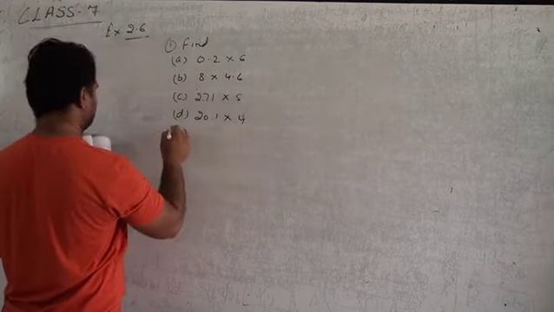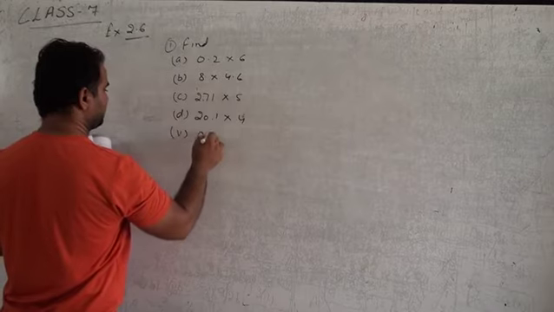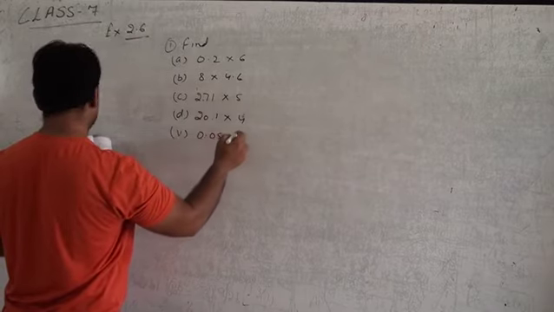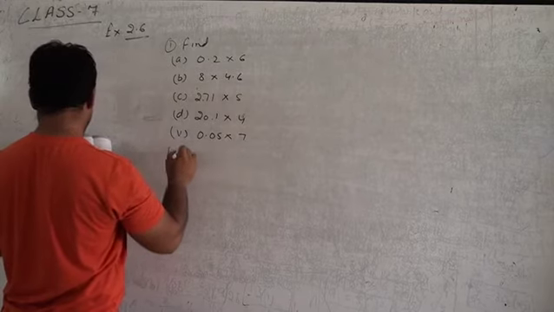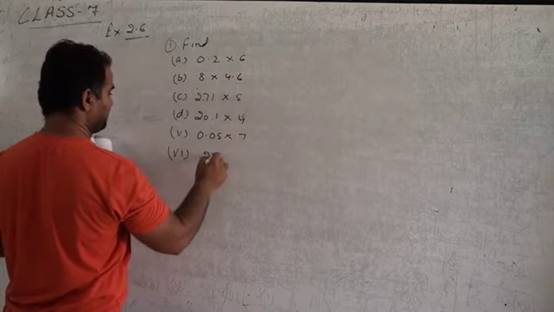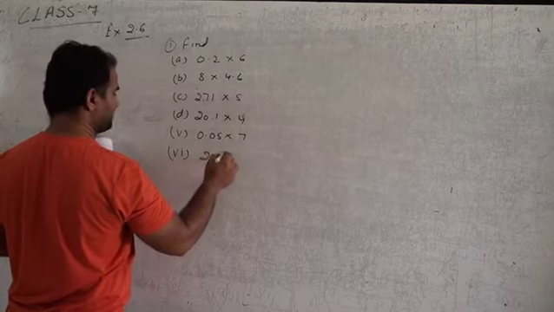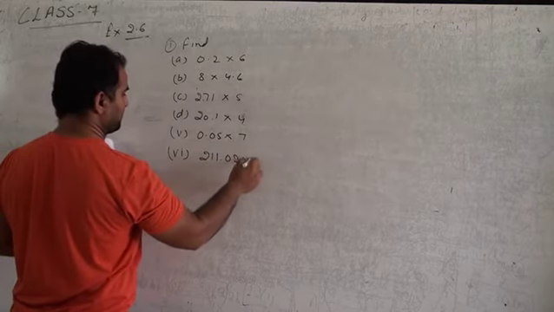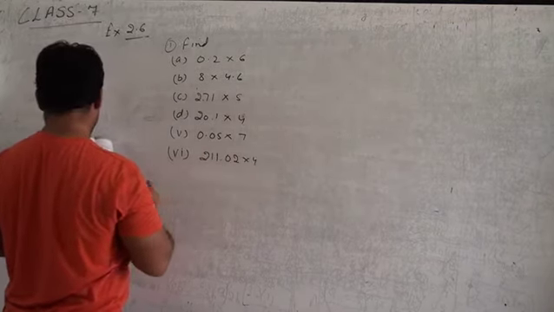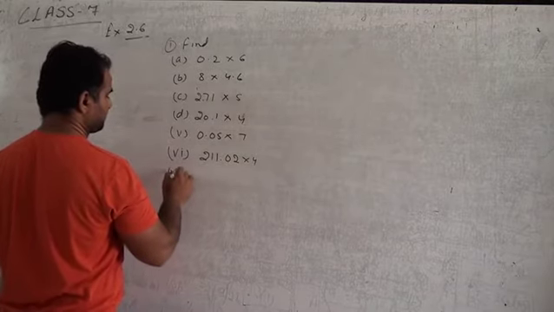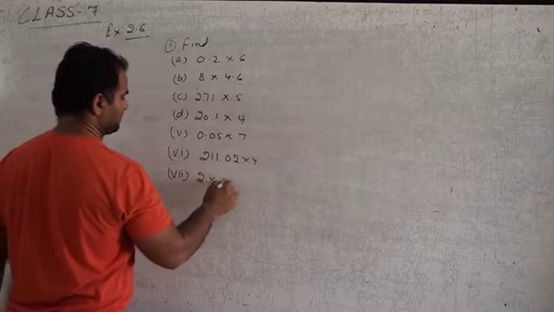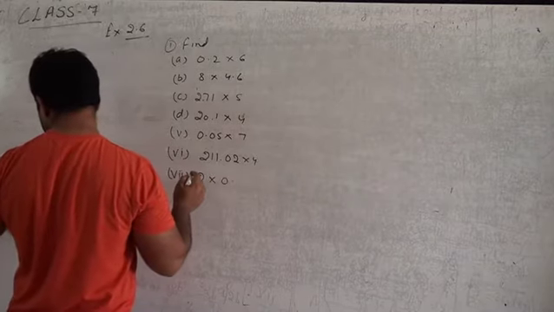Fifth is 0.05 multiplied by 7. Sixth, 211.02 multiplied by 4. And next is 2 into 0.86.